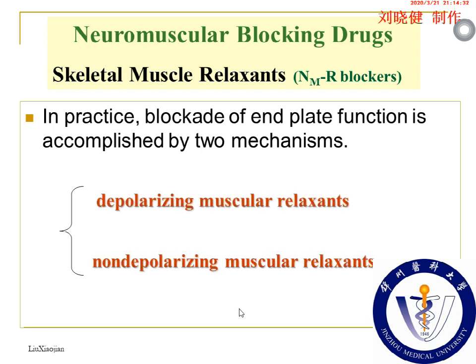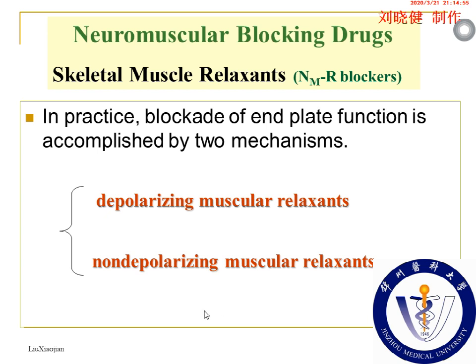N2 receptor blockers mainly act on the skeletal muscles. So when the N2 receptor is blocked by these agents, the skeletal muscle is totally relaxed. So they are called skeletal muscle relaxants.